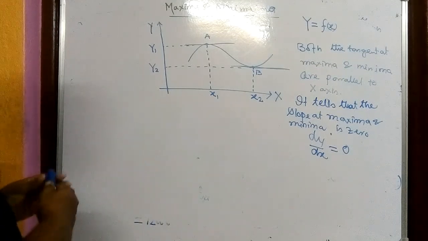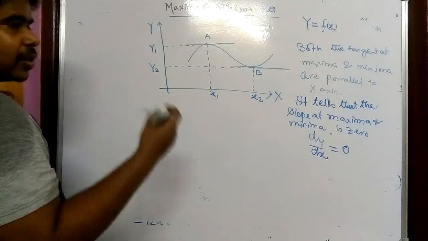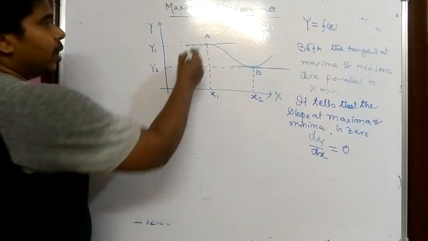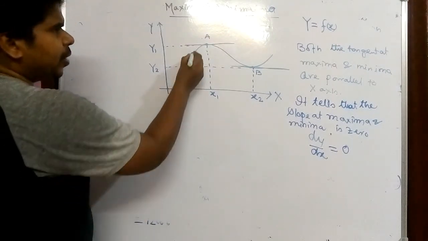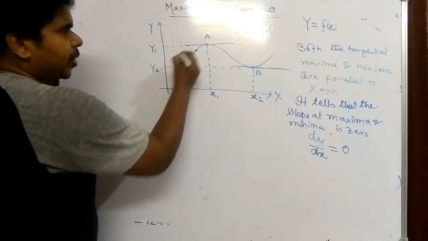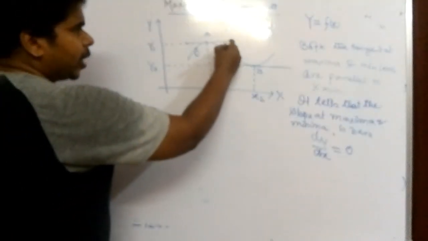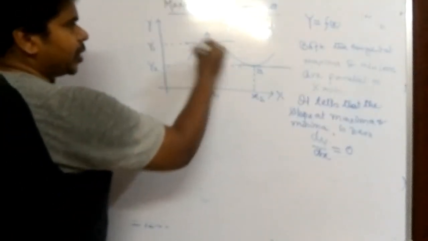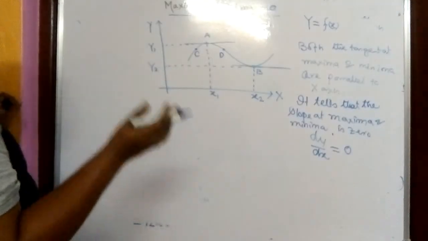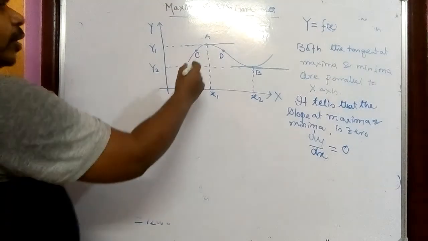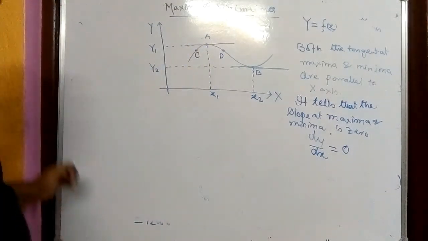So for that reason, we'll just take another example. If I've taken this point, assume this point is C, and I've taken another point here, assume this point is D. So C is just before the point of maxima, and D is just after the point of maxima.